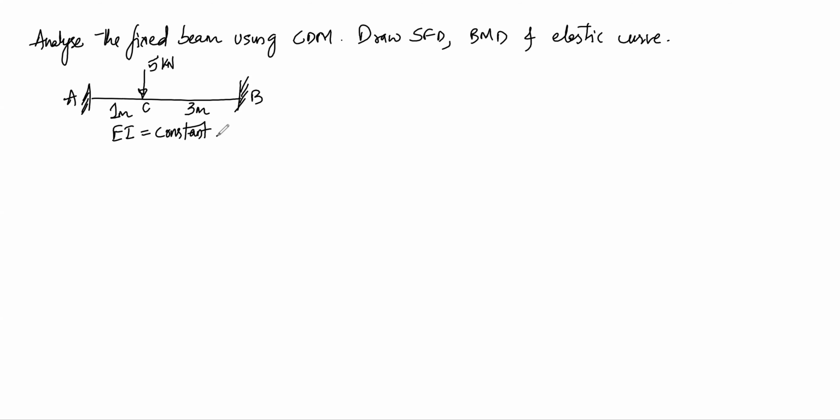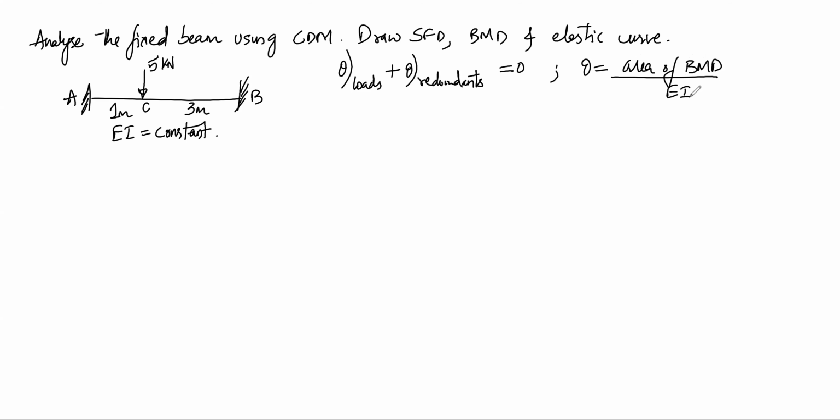So here we have two equations to be used to find two redundants. So that is given as theta due to loads plus theta due to redundants is equal to 0, where theta can be written as area of BMD divided by EI.